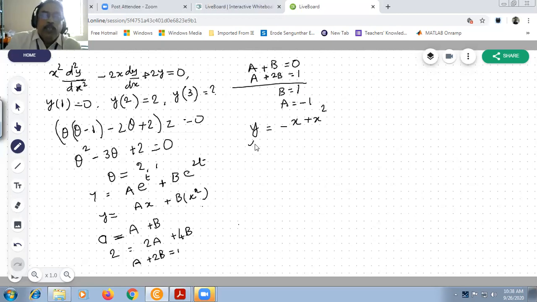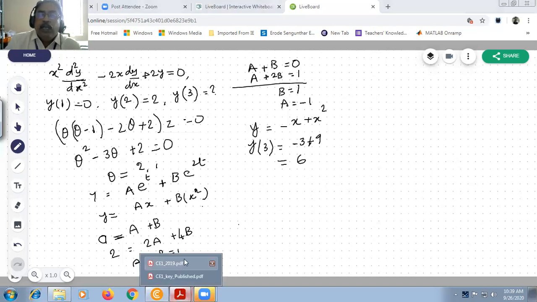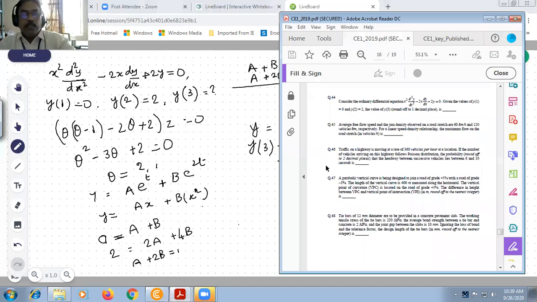So y of 3 is minus 3 plus 9, which is equal to 6. So 6 is the answer, correct to decimal places.